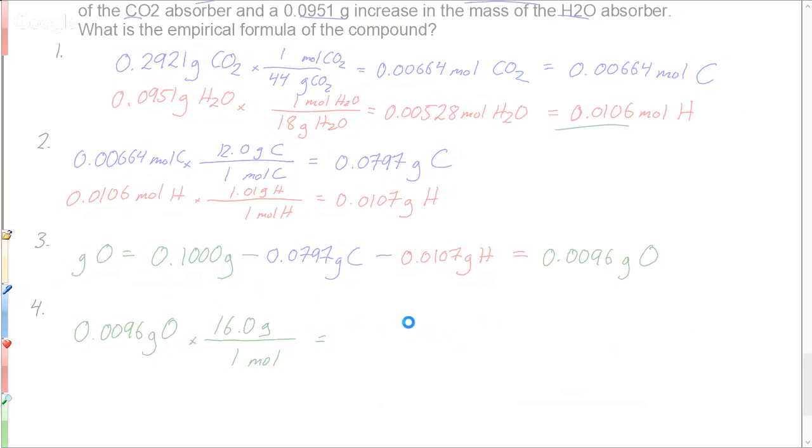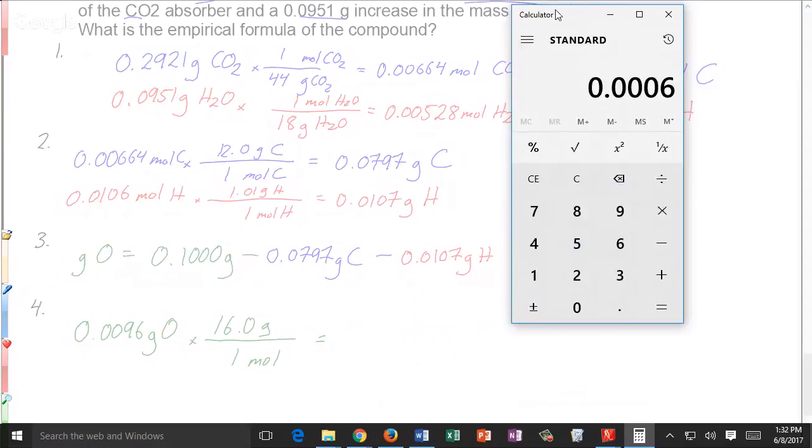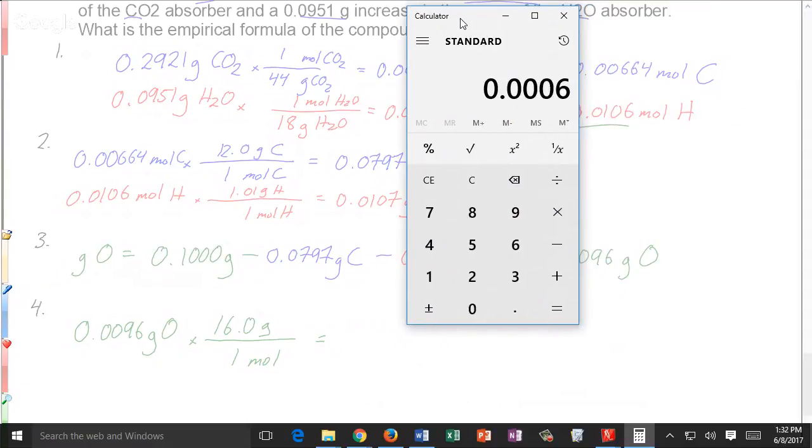We're going to divide everything by the smallest one and see what kind of numbers we get. 0.00664 divided by 0.0006, that's probably about right, it's about 11. So that tells us C11. For H, it's 0.0106 divided by 0.0006, so it's 17.67.